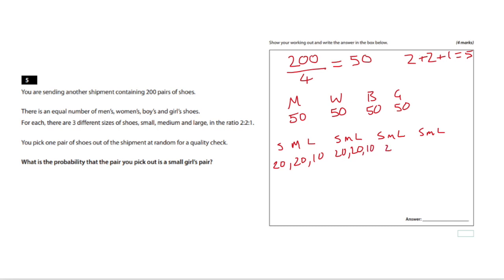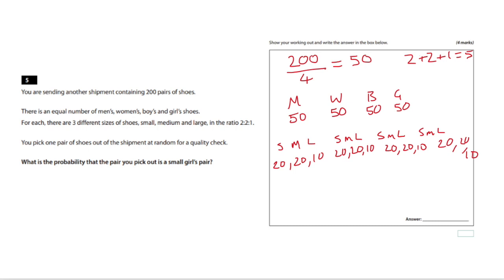And they're all the same here, so another 10, and this is for the girls group, 20, 20, and another 10, okay? Put a comma there, so it looks like a fraction, but it is a comma.